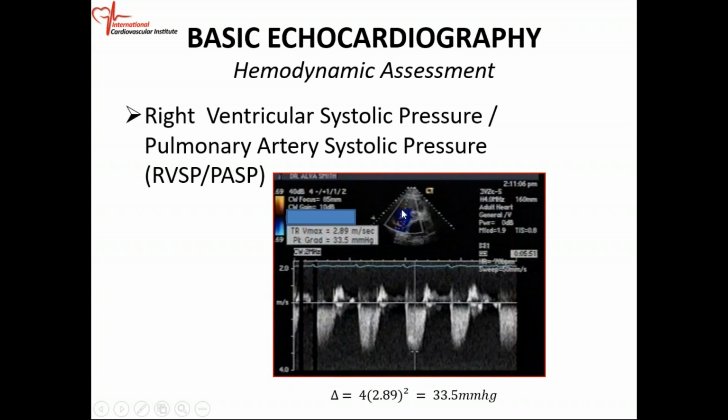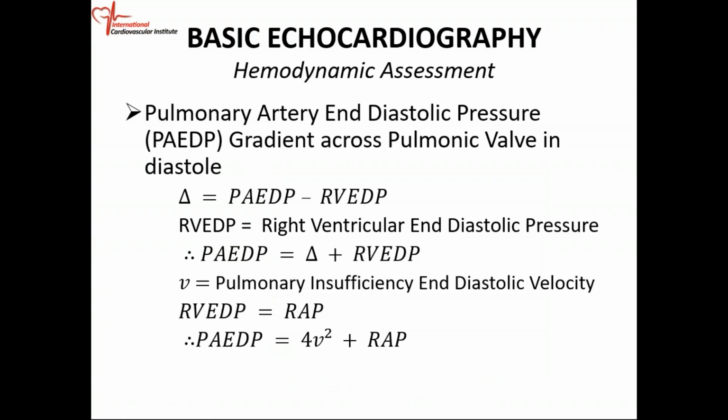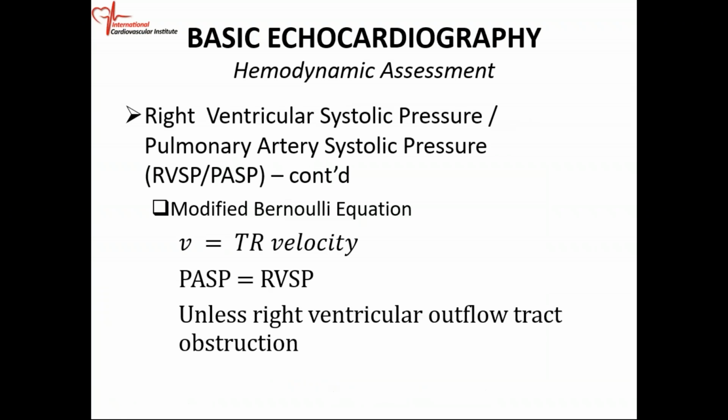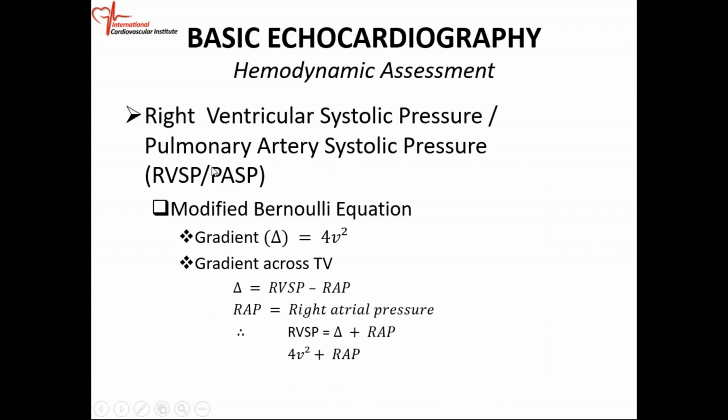Remember, the gradient is the difference between the RV systolic pressure minus the right atrial pressure. That's the gradient, and it is equal to this. So if you want to calculate the RV systolic pressure, you just rearrange the equation, okay?